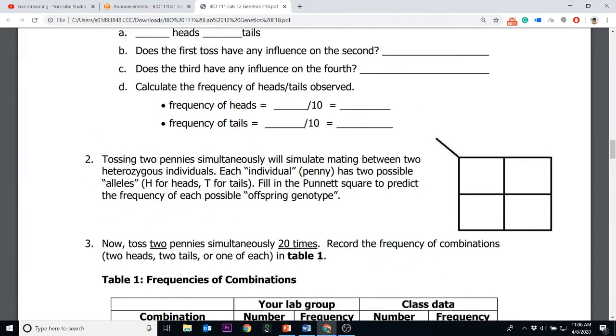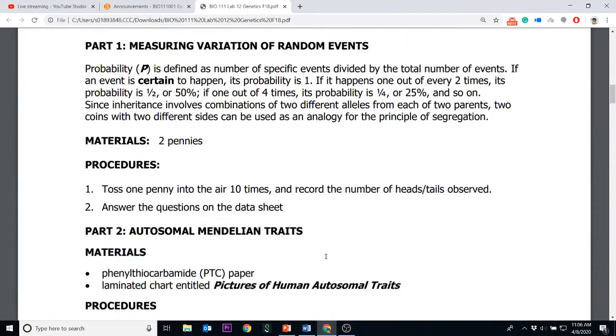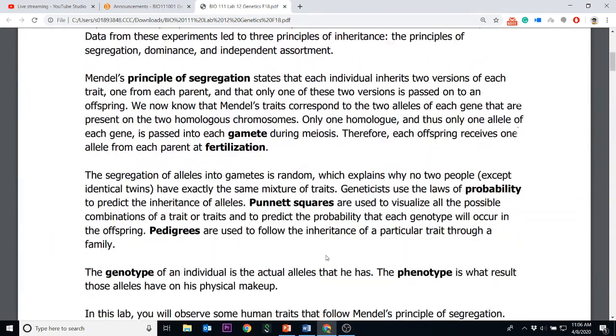So today you're supposed to do part 1. So let's look at part 1. It's pretty straightforward.